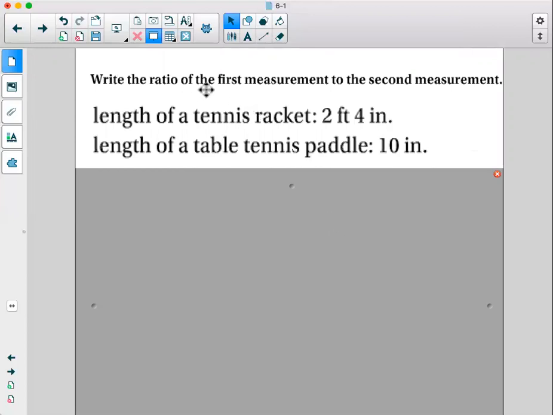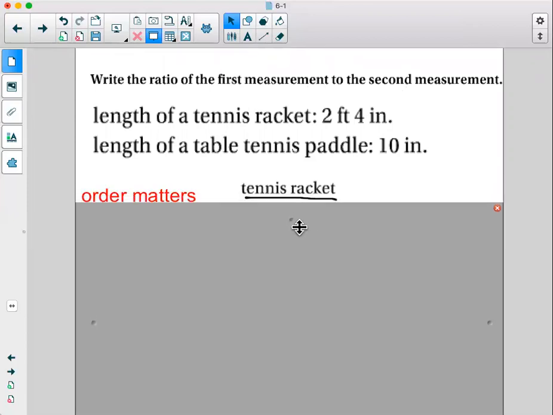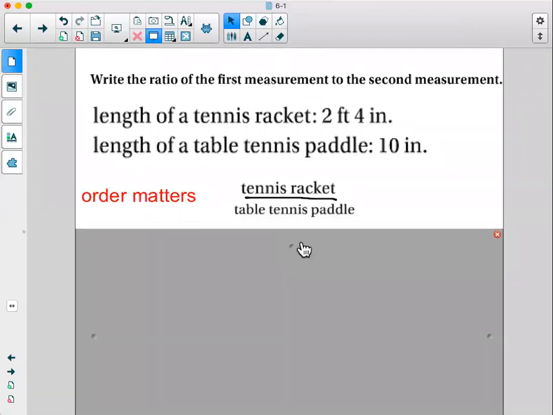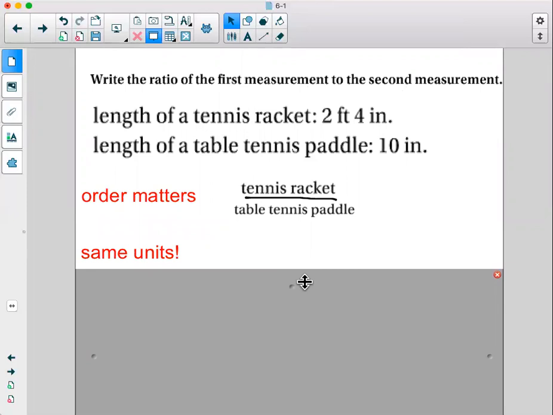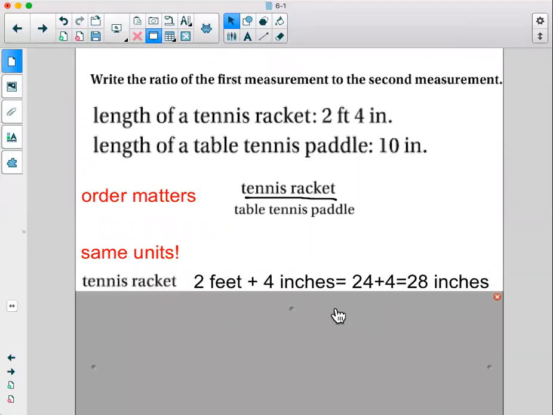So we are asked to find the ratio of the first measurement to the second measurement, and that order matters. So we've got to make sure that when we set up our ratio, the tennis racket is on top. The next thing we have to realize is that we have to get the same units. So we want to get them all in inches in this case.